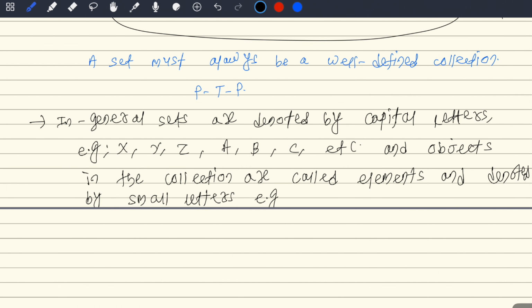For example, small a, small b, small c, small x, small y, small z, etc.